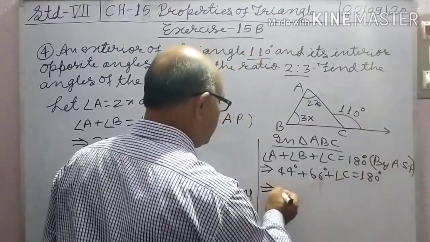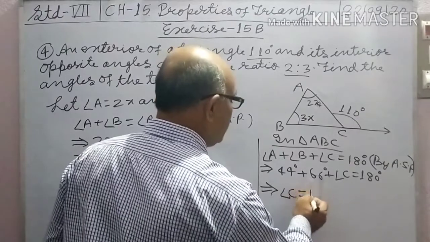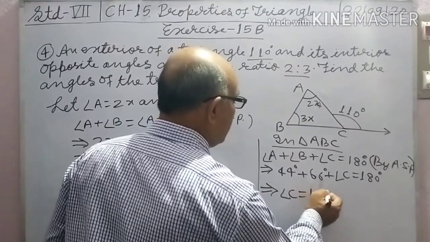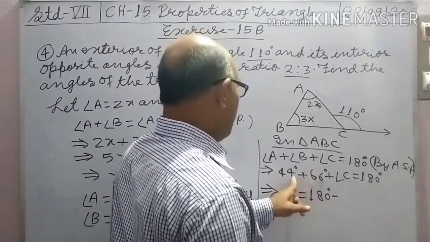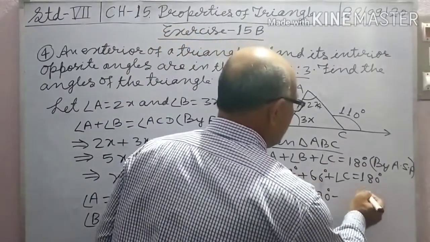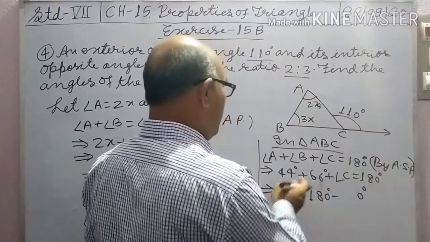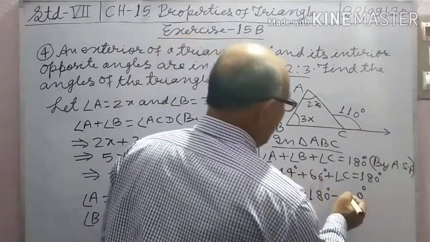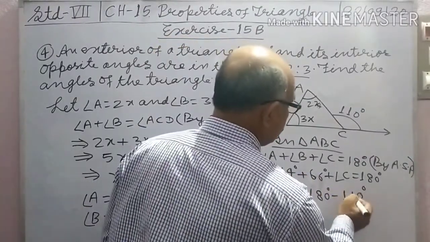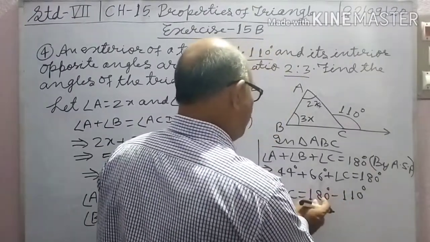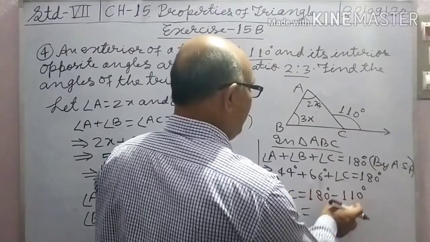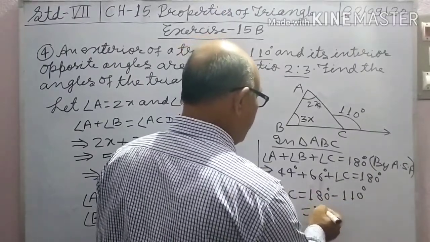That implies angle C equal to 180 degree minus 110 degree equal to 70 degree.